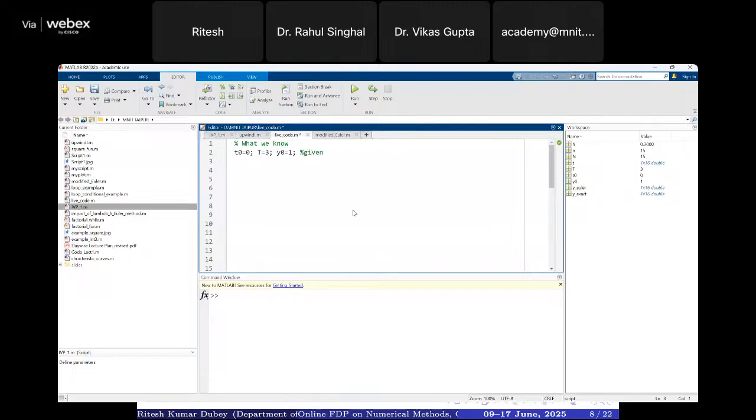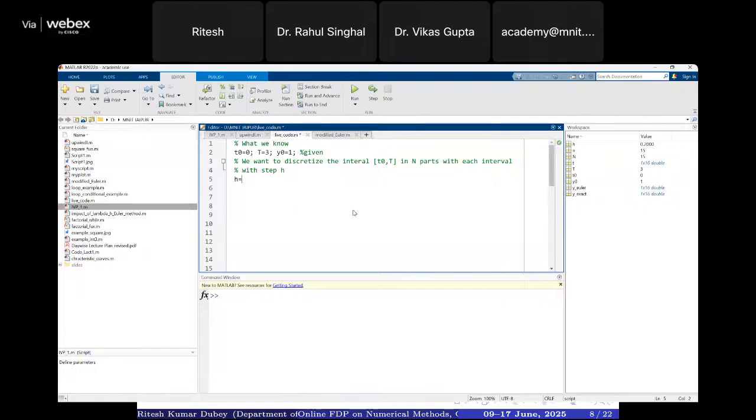And what do we want? We want to discretize the interval 0 to capital T, or I write t0 to T, into n small parts, with each interval with the step h.